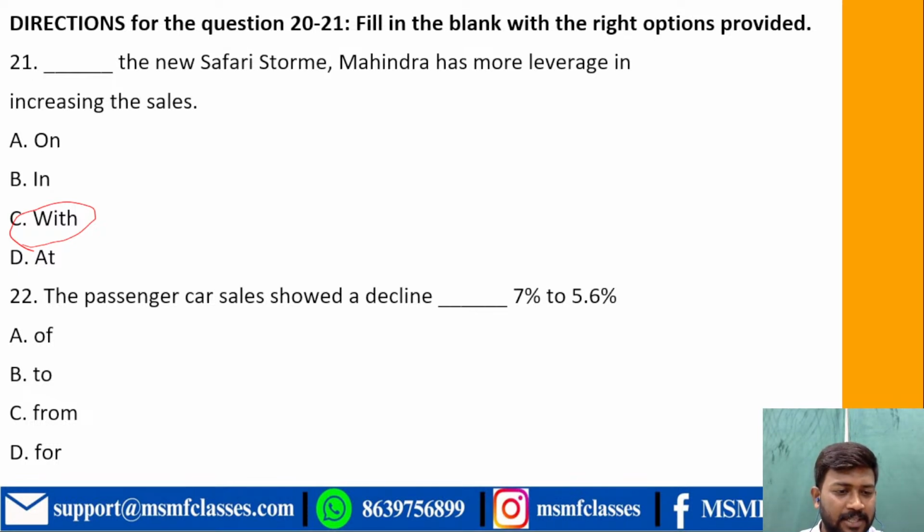Uma Bhargavi has answered C. Joy has answered from. I think you have got it very easily, because we have one more correlative conjunction, one more preposition here. Whenever we start telling a percentage, before that we must use from. From is the correct answer. Good.